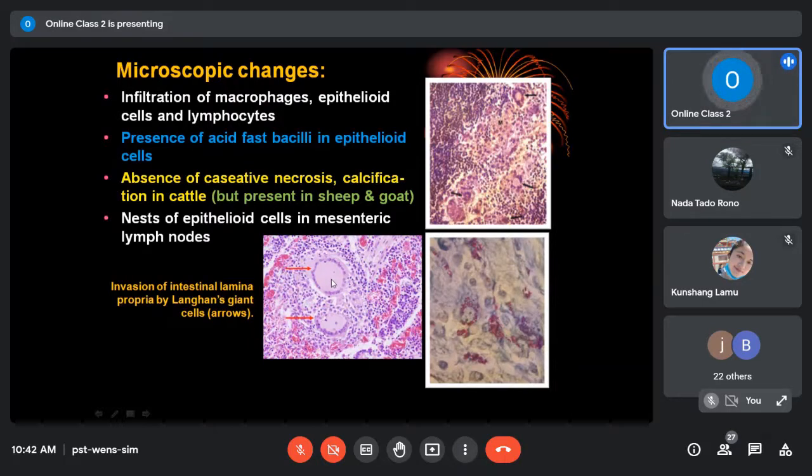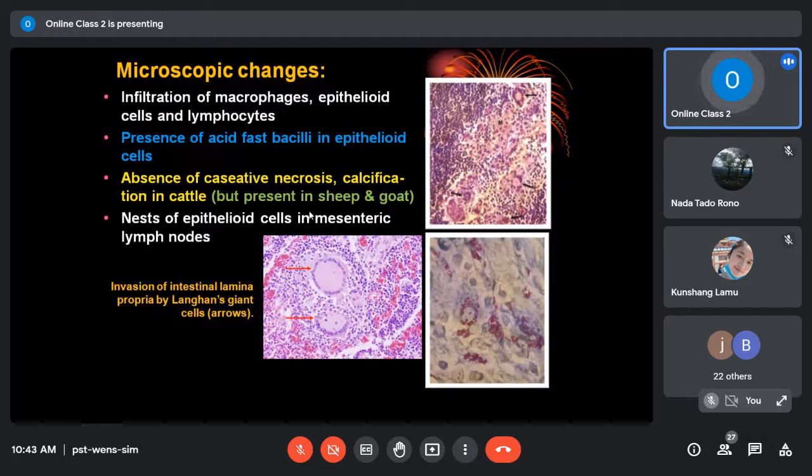When we compare paratuberculosis in cattle with tuberculosis, Mycobacterium tuberculosis or bovis infection, in TB a central caseous necrotic area as well as calcification is very common.